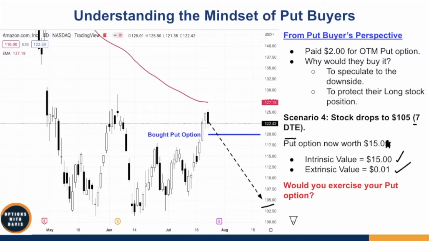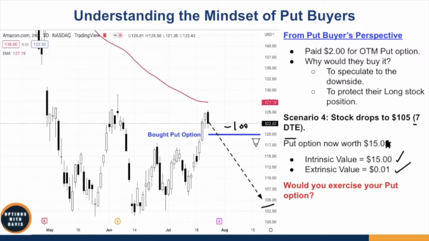So now, here comes the question. Let's say, for example, you're just speculating to the downside. You do not have any long shares. Does it make sense for you to now exercise your put option and become short 100 shares? Well, the answer is it can be, because you might want to still hold on to this position.